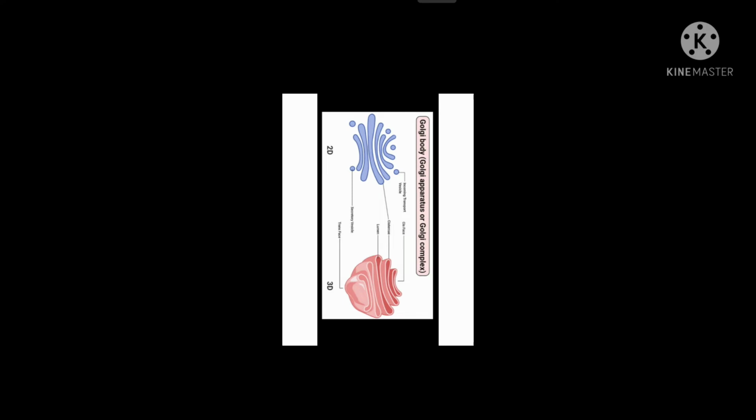Then the protein enters the cisternae; the entering part is called the lumen. Protein plus sugar forms glycoprotein. This is called modification, in which protein and sugar get modified into glycoprotein.